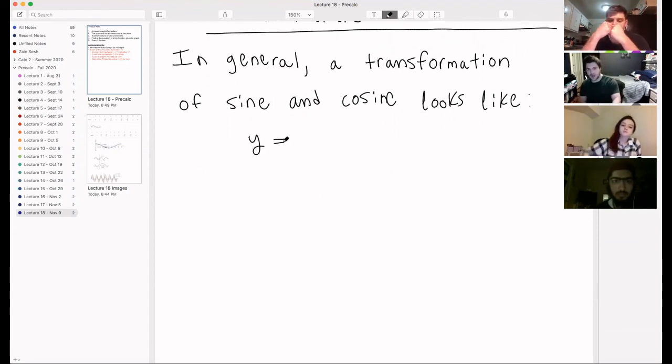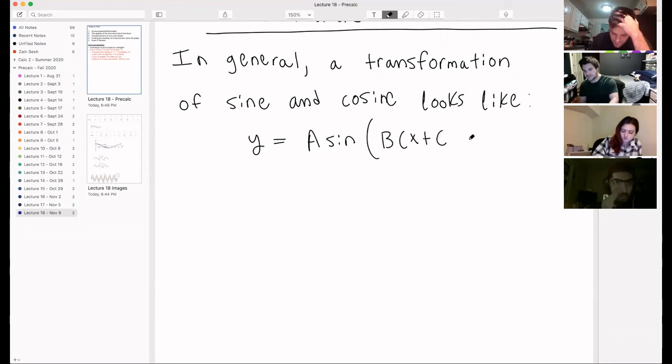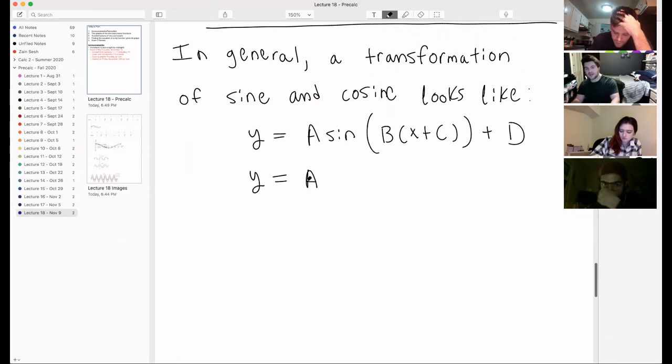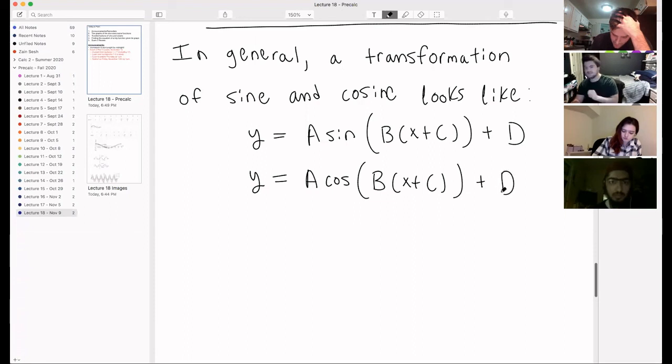We have y is equal to capital A times sine of b multiplied by x plus c, plus d. Okay, so that's for sine, and of course we also have the same thing for cosine. So capital A times cosine of b times x plus c, and then plus d.